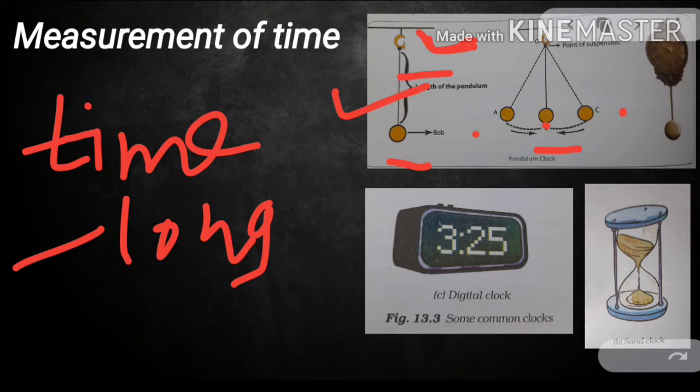The maximum displacement of the bob, that means this metallic ball, from its mean position is called the amplitude of the pendulum.